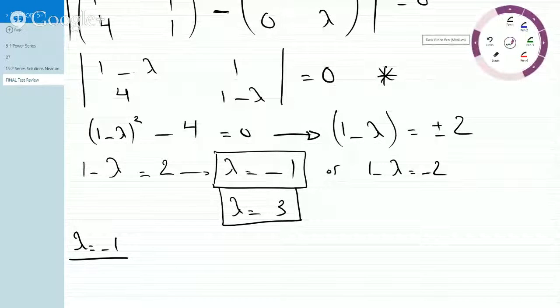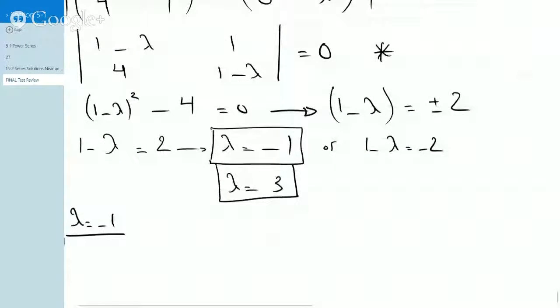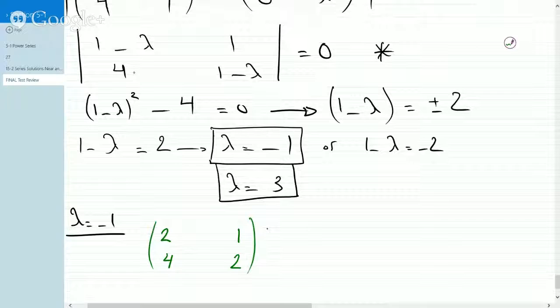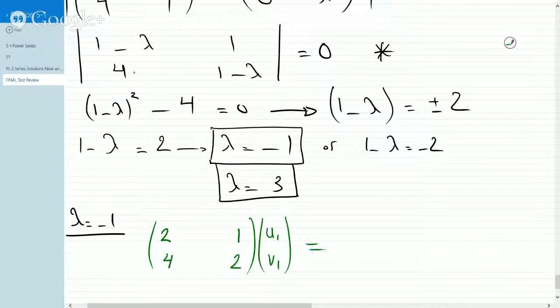And so we're going to get 1 minus minus 1 becomes a 2, 2. And we're going to consider our first eigenvector to be u1, v1. And we're going to set this equal to 0, 0.